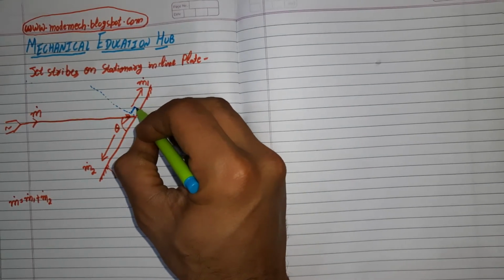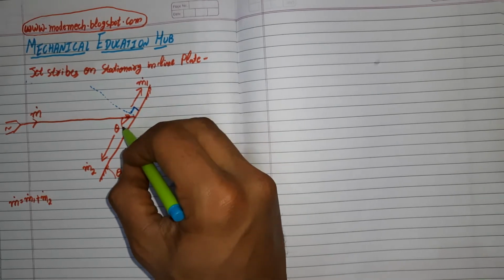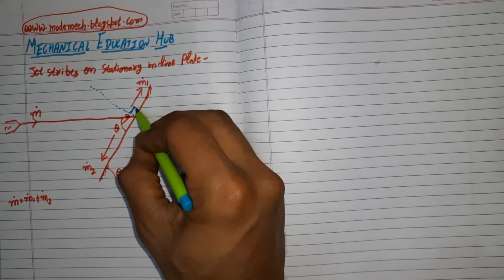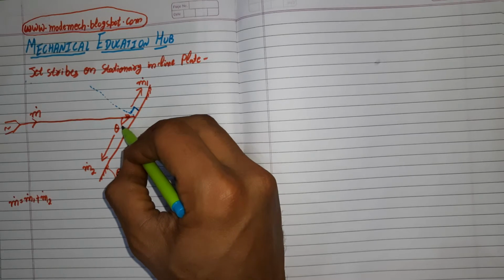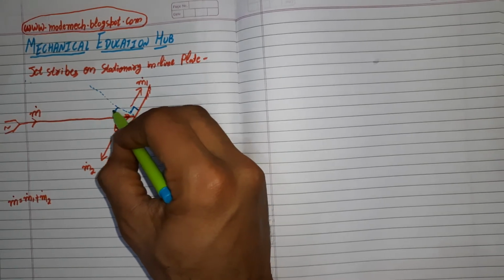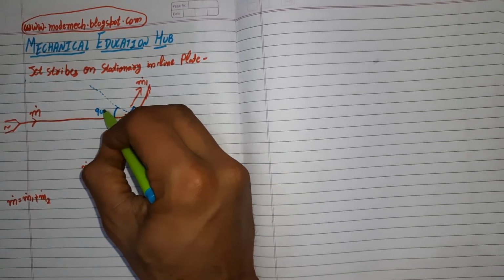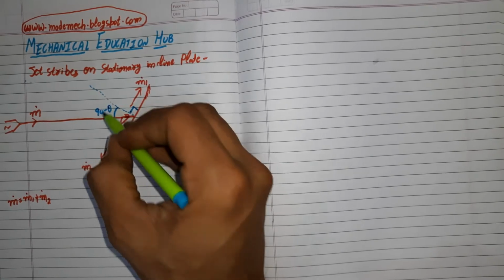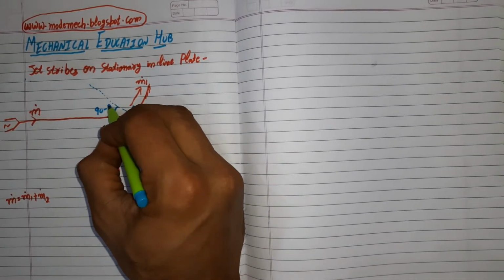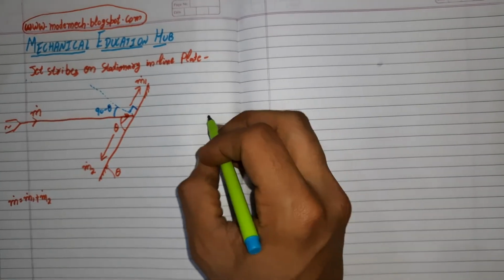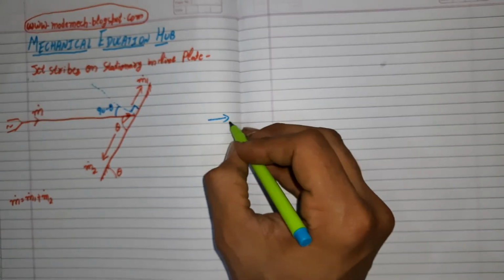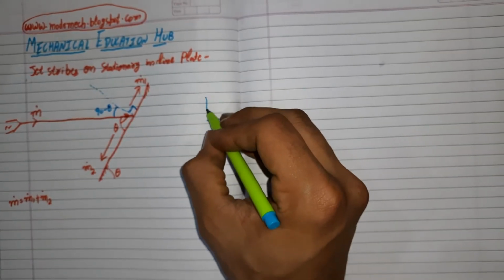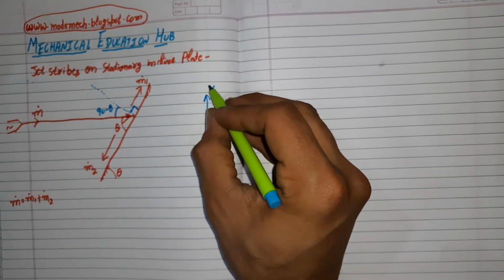This will be perpendicular, 90 degrees to the plate, and if this angle is theta, then here we will get 90 minus theta. Remember, this is our x-axis and this is our y-axis.